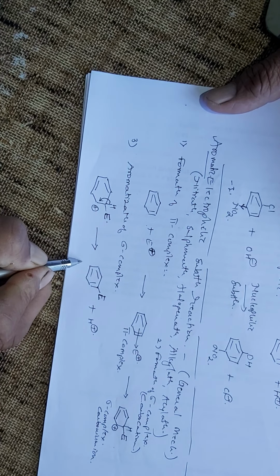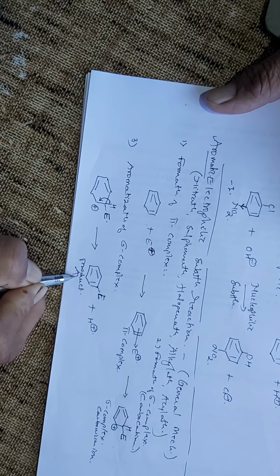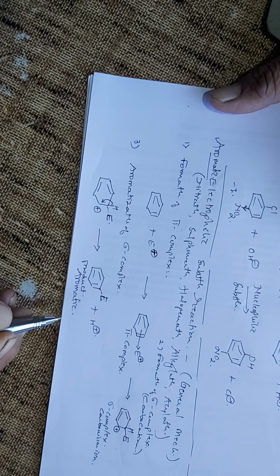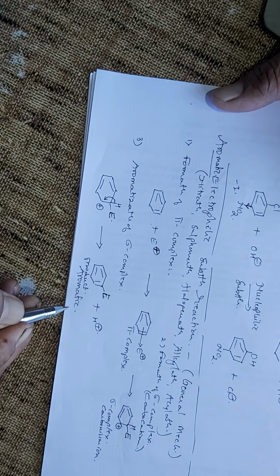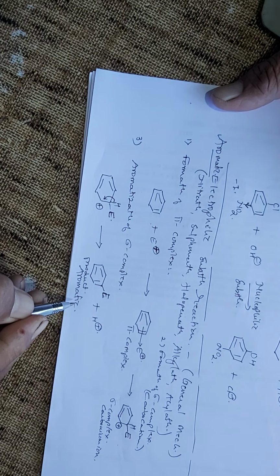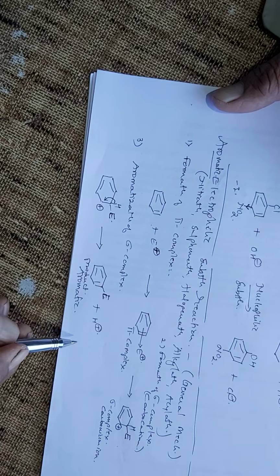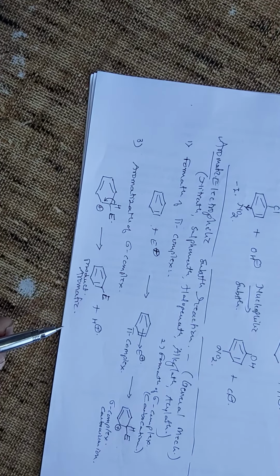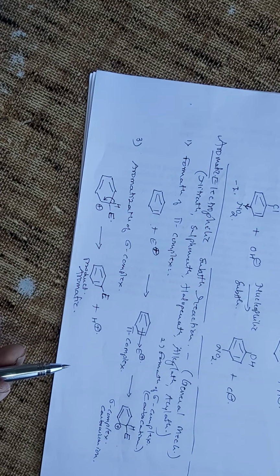The product obtained is aromatic in nature, which means the aromatic character in the electrophilic substitution reaction is retained. These are the three important steps in the general mechanism of the aromatic electrophilic substitution reactions.